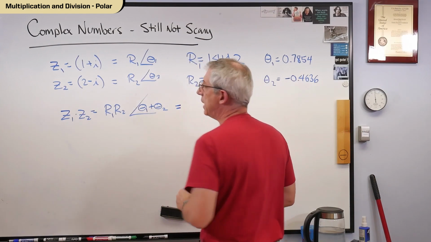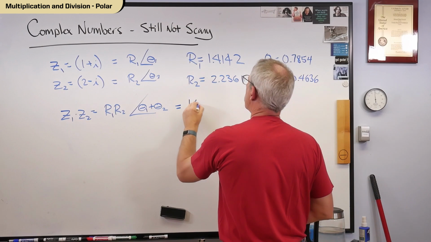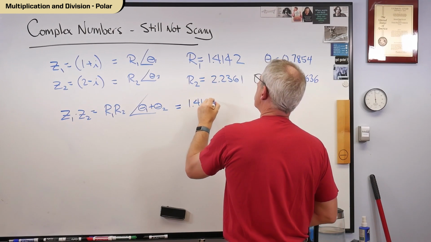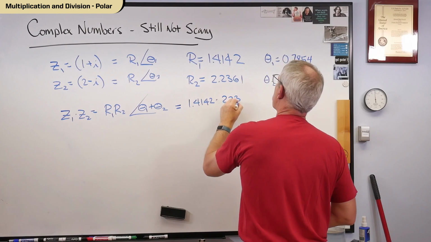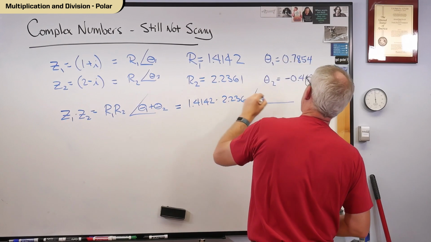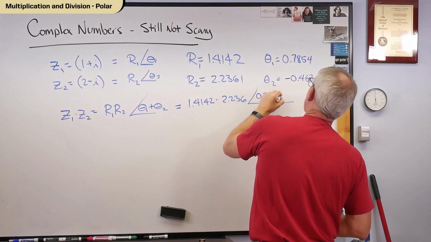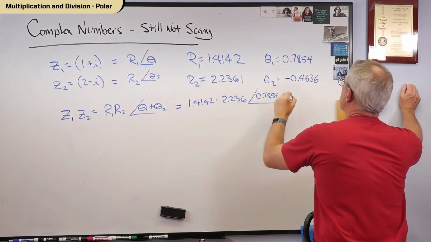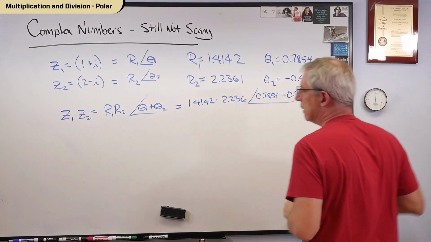All right, what's that going to be? It looks to me like it's going to be 1.4142 times 2.236, and the angle is going to be 0.7854 minus 0.4636.